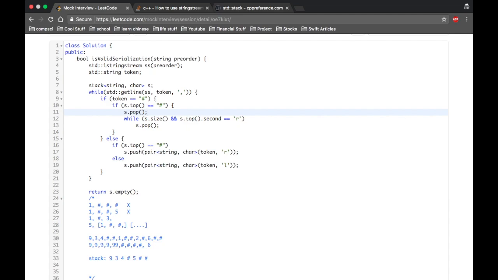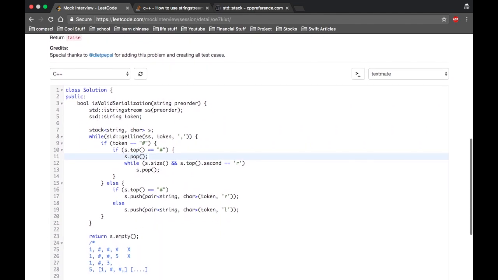Well, if it's a hash, okay, well, what if there's a tree that just has a hash? Is that an empty tree or is that false? I don't know. That's something I should ask my interviewer.